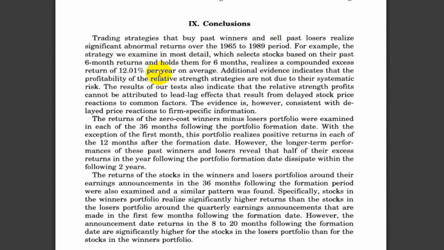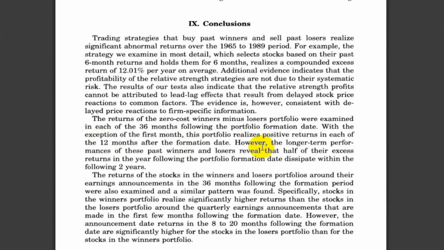And the results of other tests showed that the excess returns are not due to just systematic risk or to lead lag effects from delayed stock price reactions to common factors. However, it is consistent with delayed price reactions to firm-specific information. And it was found that when doing the buy minus sell strategy, the first 12 months showed positive returns.